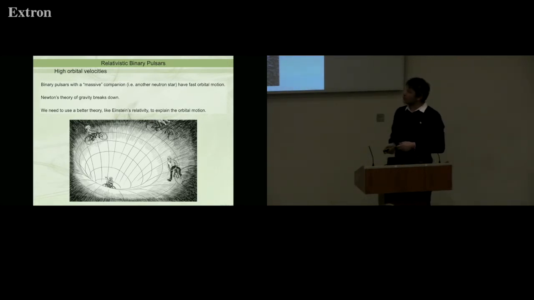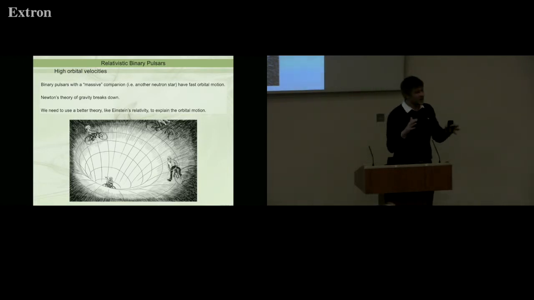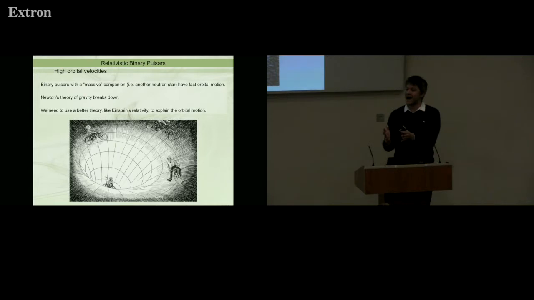So what happens when you do that is if you try to calculate the orbit and you use Newton's laws of physics, it won't explain very well the orbital motion. It will break down. And again, this is the same idea as earlier about adding velocities together, right? If you don't move very fast, the intuitive laws work.